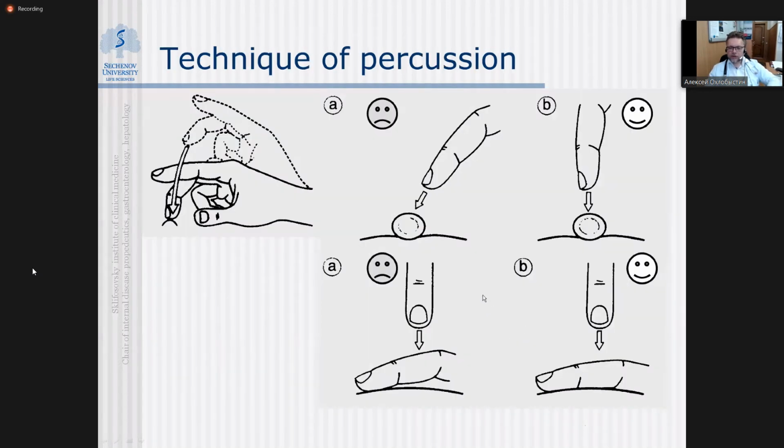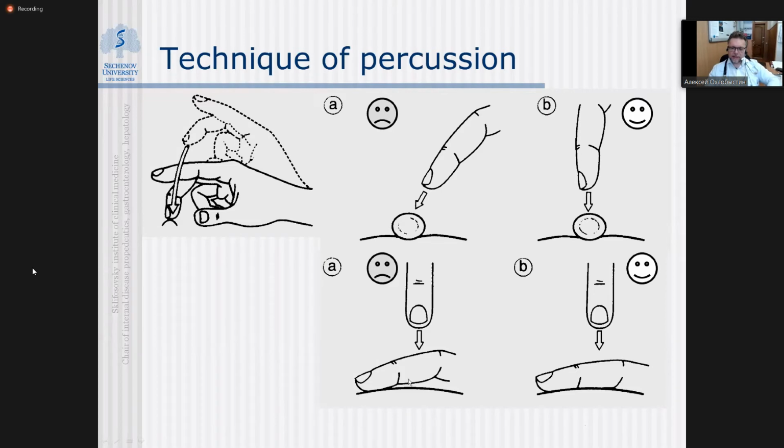When you do percussion, I will try to practice. It will be important for you to press the proximity finger as deep as possible to the patient's chest. Strictly perpendicular strike. There should be very sharp strikes, a very short time of contact of the plexus to the proximity finger. In that case, you'll get the sound from the patient's chest, from the patient's body.